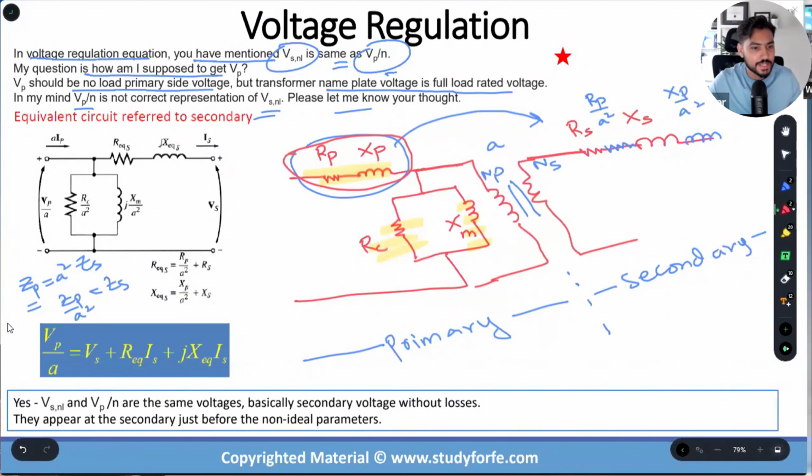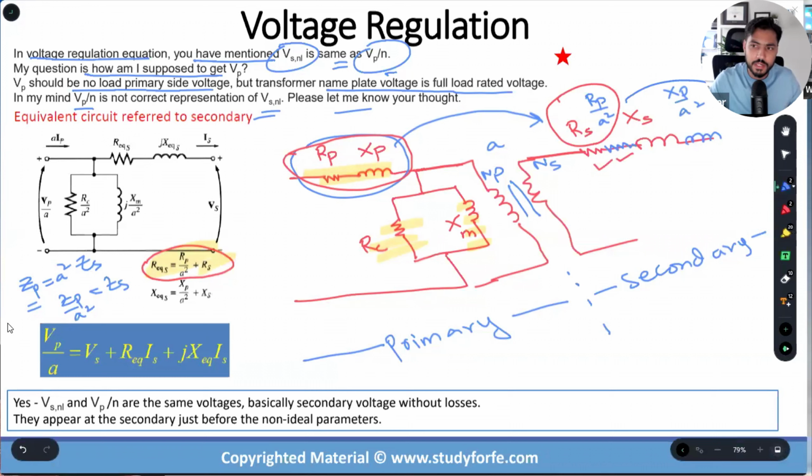So when I'm looking at the series parameters, do you guys agree that this would be equal to this on the secondary? What have I collected on the secondary? I have series resistance in the form of Rs plus Rp divided by A square. Correct?